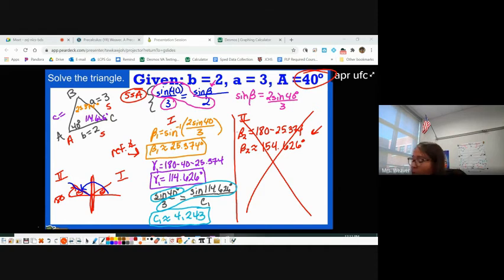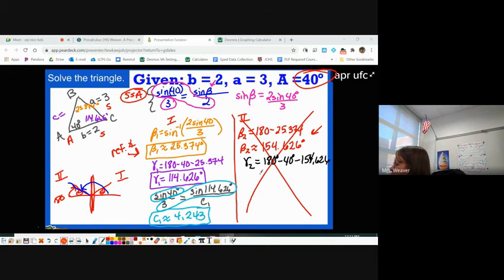Now, there's also no stress on this second option. If you just started cruising away and you didn't notice that beta sub 2 wouldn't work, and you just started finding gamma sub 2, no problems. You would realize right now when you went to look for gamma sub 2 that there wasn't a second triangle. When you went to find gamma sub 2, you would have done 180 minus the 40 that was given, minus the 154.626 that we just found.